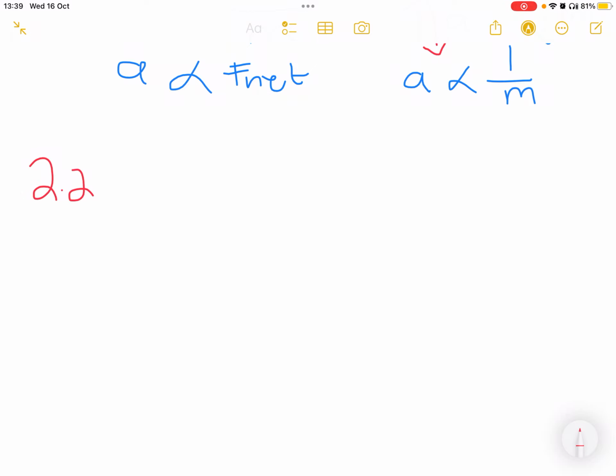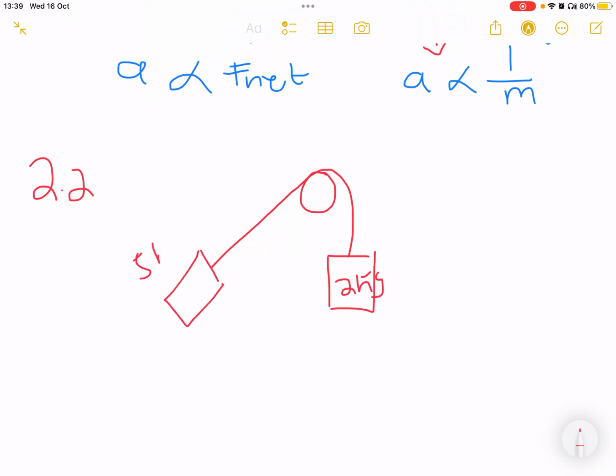You're having a system like this where this is being pulled, 2 kg, 5 kg, and this is a pulley system.